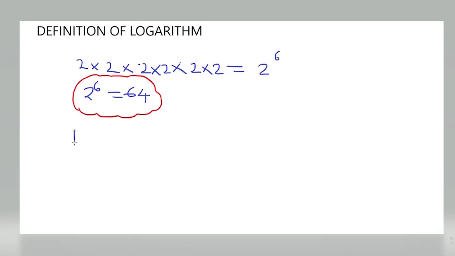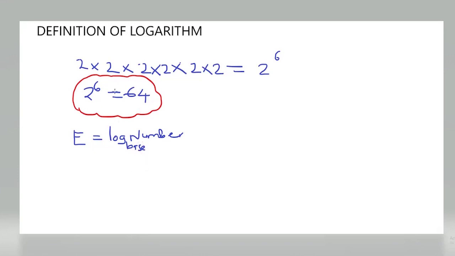Logarithmic form says the exponent of a power is always equal to the logarithm of the number given, with the base of the power of that number. Now here is the base.